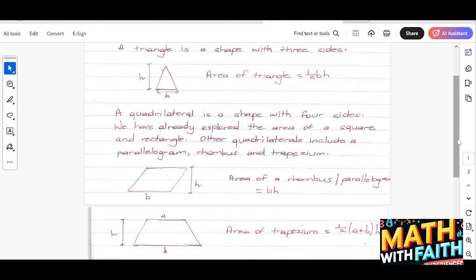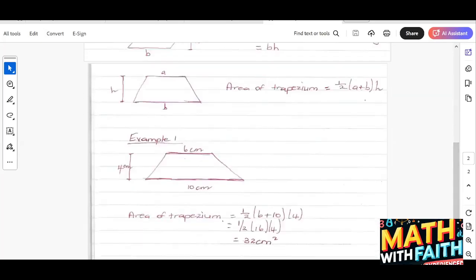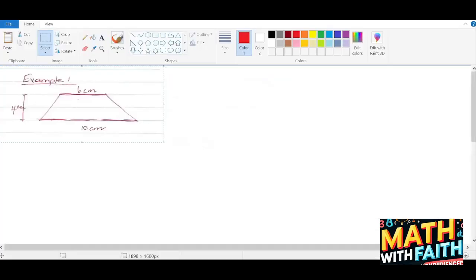So let us look at an example. The example states, to find the area of this trapezium. So this is a trapezium here.